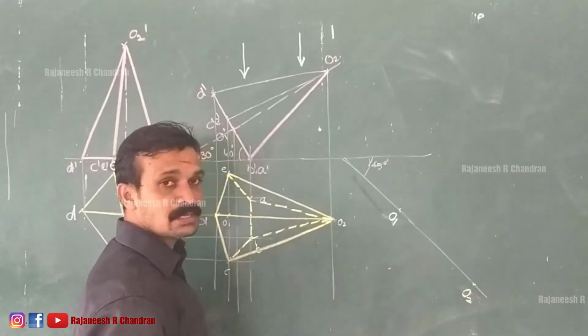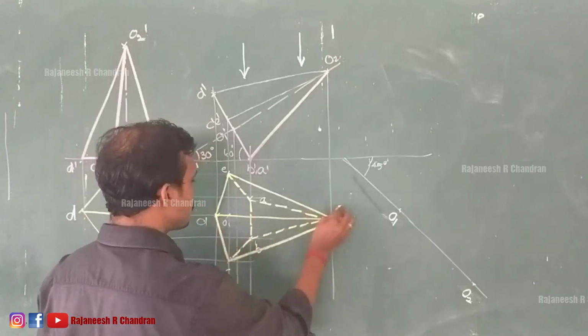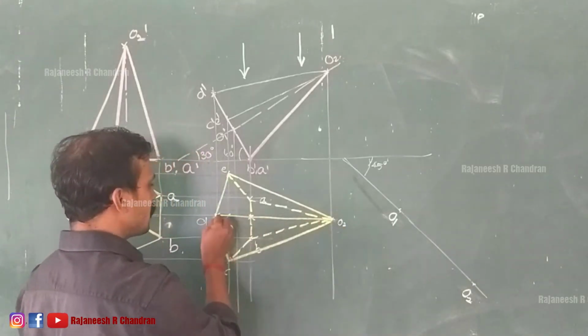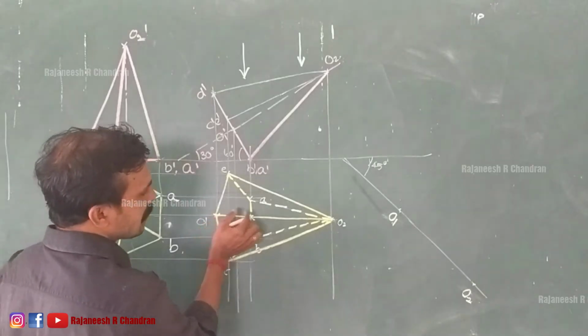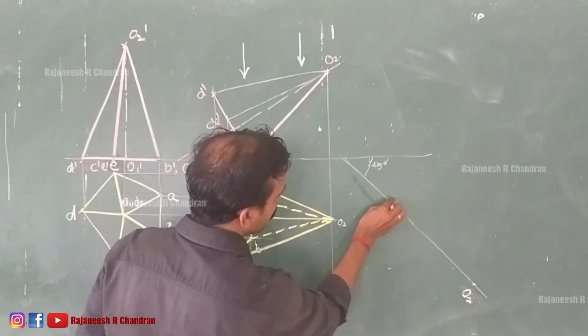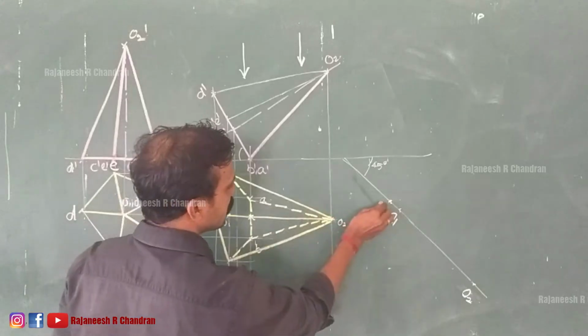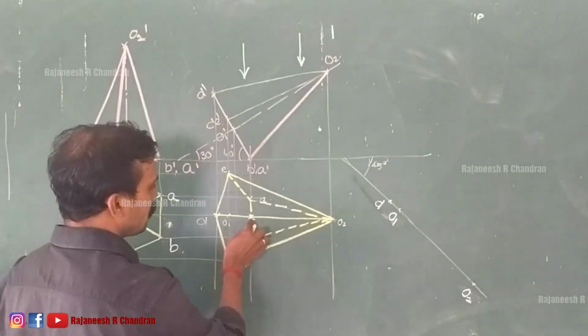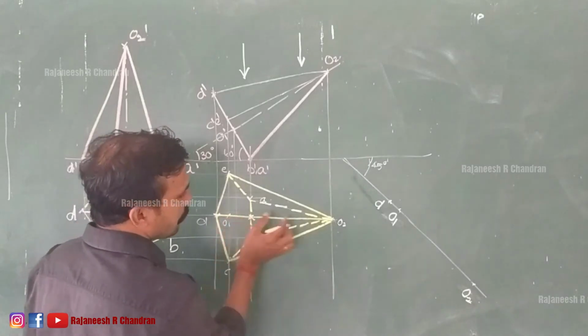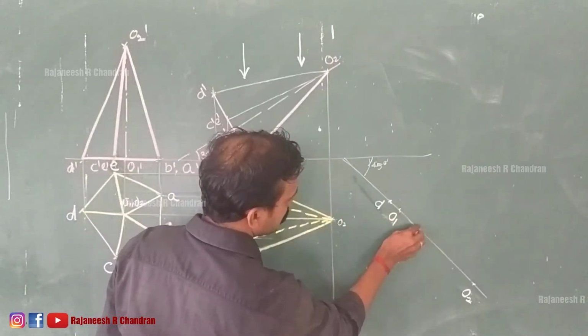See, by doing that, you can see that this line intersects a point here as well as here. So if we take this distance and mark here, we will get a point that is D. So the point D also has been indicated. Similarly, we can mark this point here.